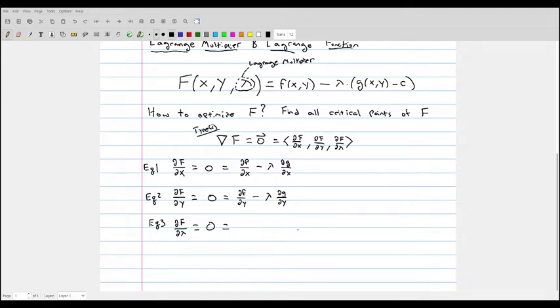And then lastly, when we take the lambda partial derivative of this expression right here, we get that negative (g(x,y) minus c) has to be equal to 0. So any local minimum of the Lagrange function has to satisfy equation 1, equation 2, and equation 3.